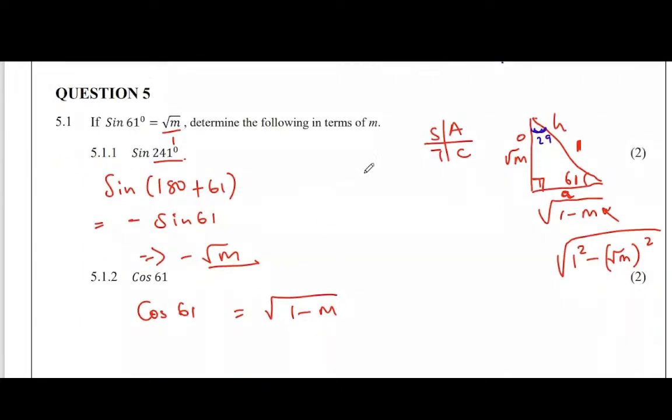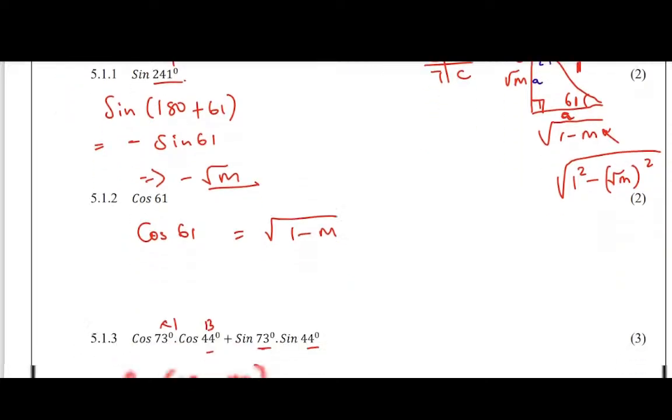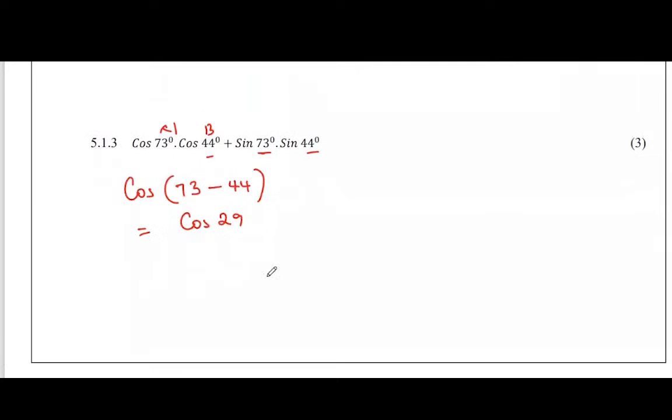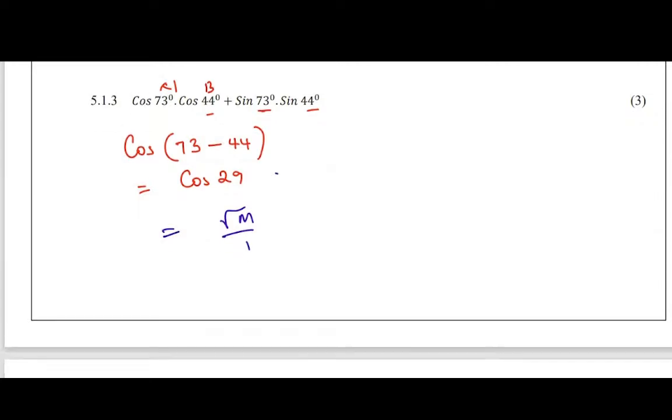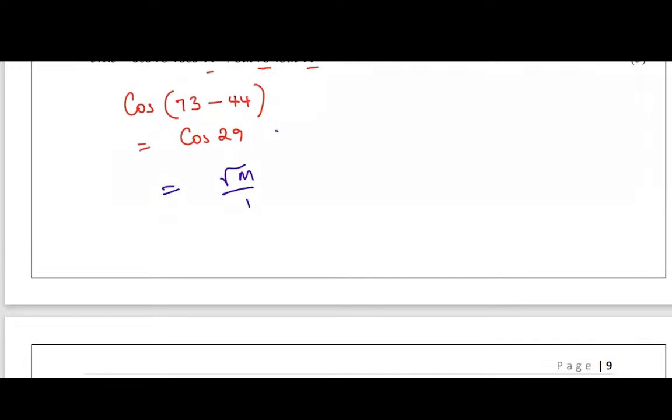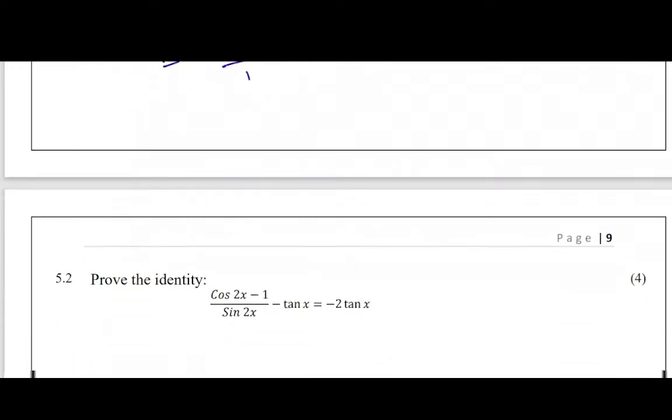So with the cos, this is going to be our adjacent, and then the hypotenuse is going to stay the same. So that's going to be just the root of m over 1. Okay, because we know that cos of 29 is the same as the sine of 61 and all of that. They are complementary angles. Okay, so that is 5.1.3.